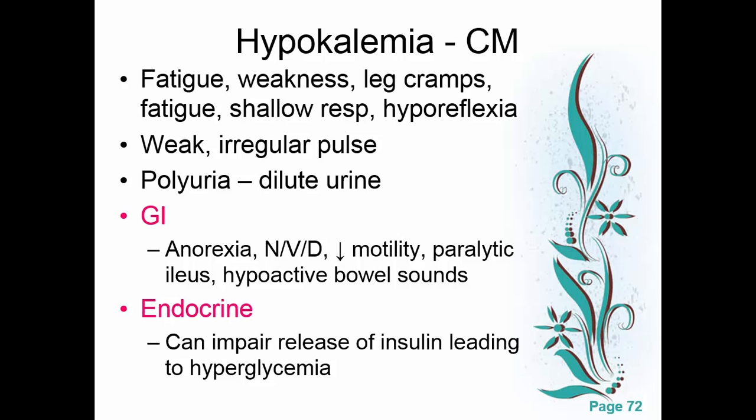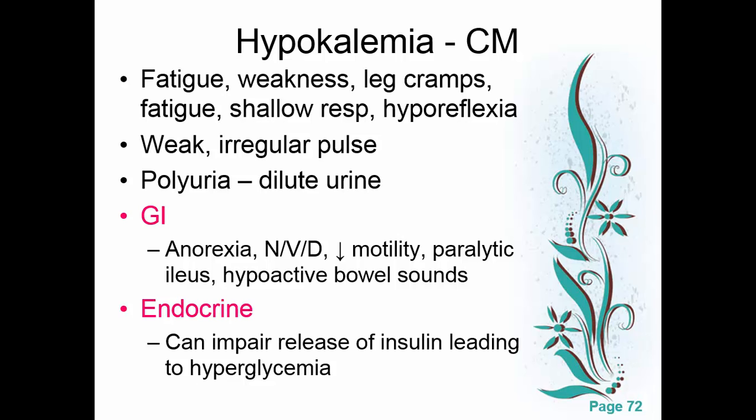All right, so manifestations are going to be fatigue, weakness, leg cramps, shallow respirations, hyporeflexia, which just means their reflexes are hypoactive. They may have a weak, irregular pulse, polyuria, which makes them have dilute urine.